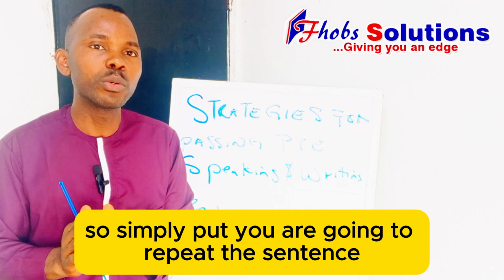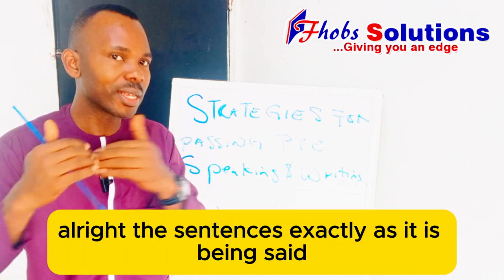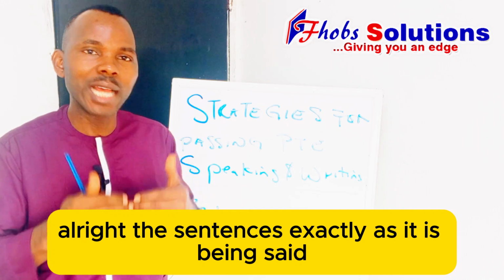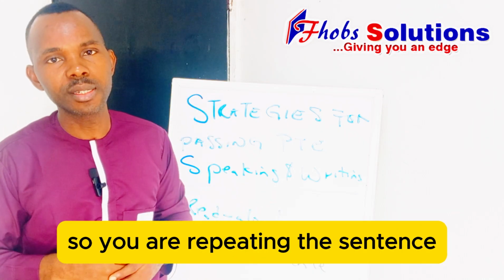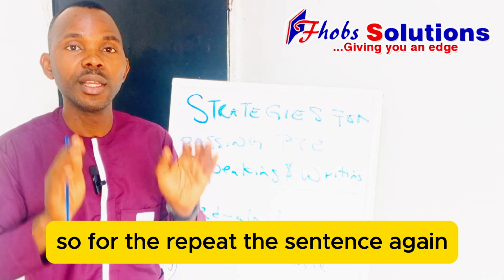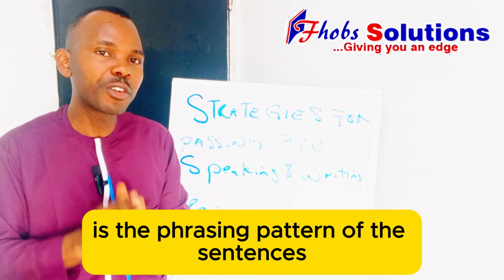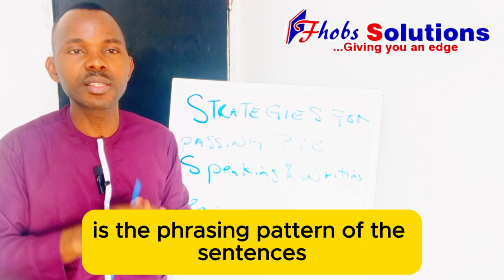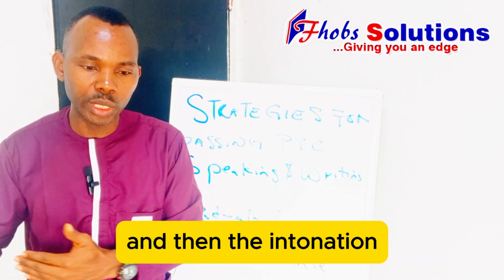So simply put, you are going to repeat the sentence exactly as it is being said. So for the repeat sentence, three major strategies you need to pay attention to are the phrasing pattern of the sentences, the stressing of some of the words, and then the intonation.